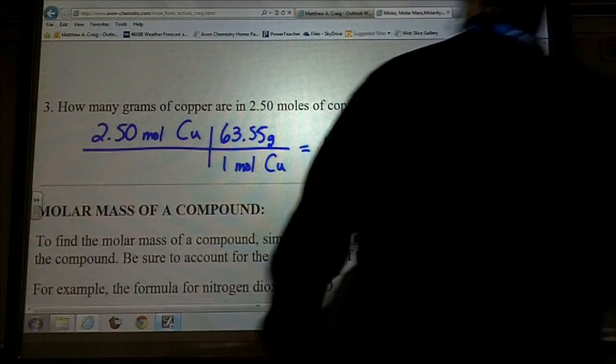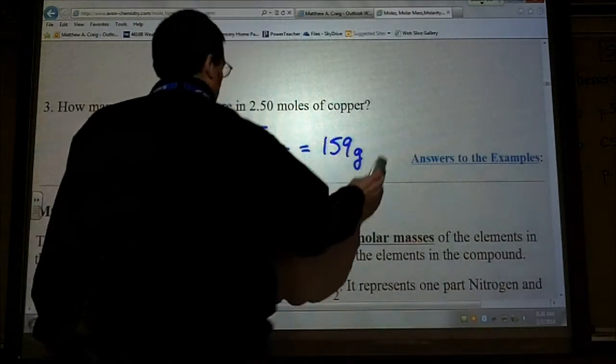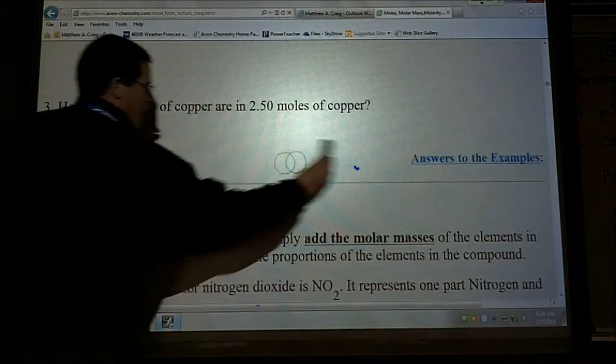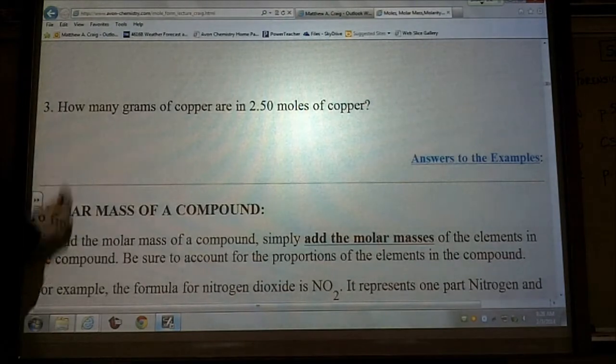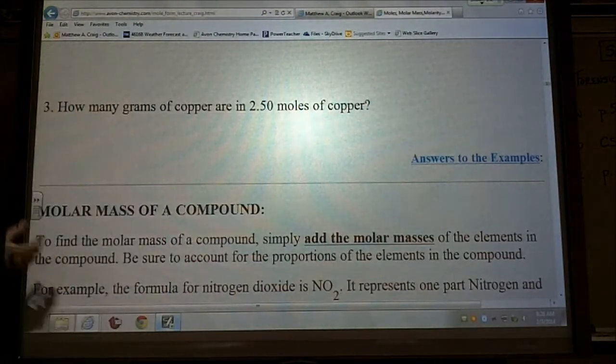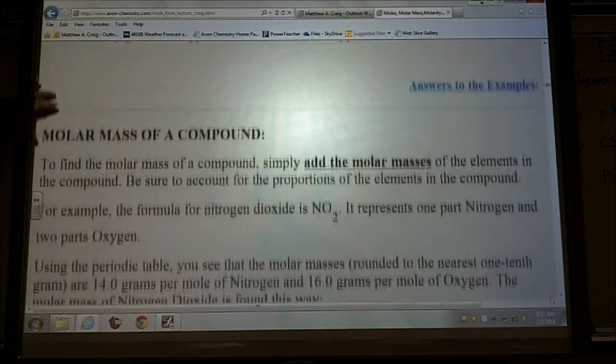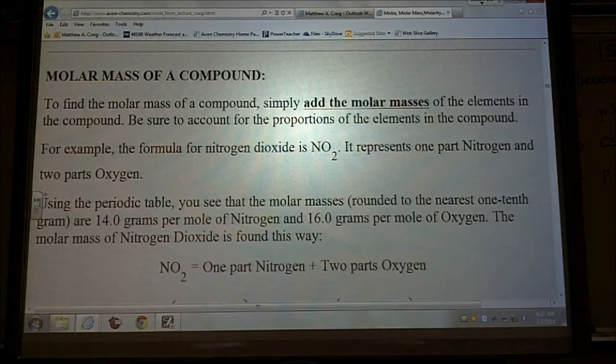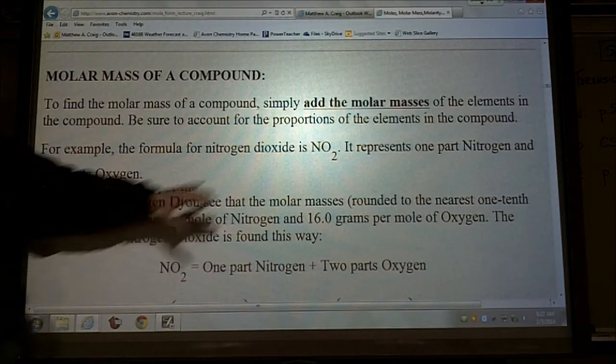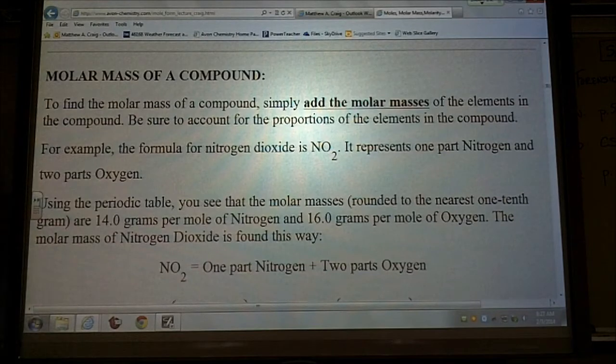And we need to do a couple more here. All right, so that was finding the molar mass of just a single element. We can do it for a compound. A compound is a combination, and generally it'll be a metal with a non-metal, but it could be anything. So again, we add the molar masses of all the elements within that compound to get its molar mass.